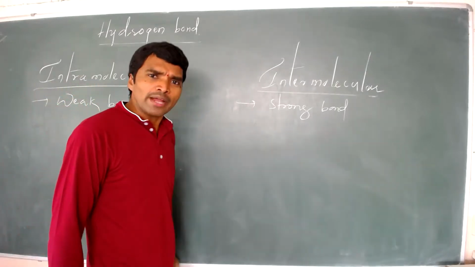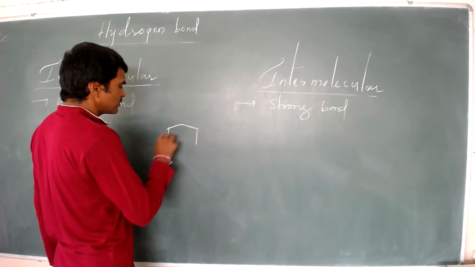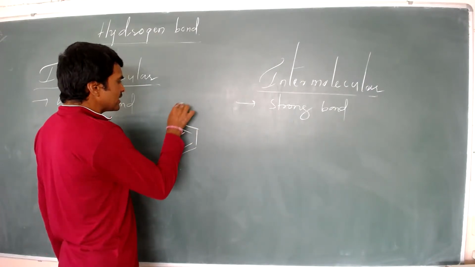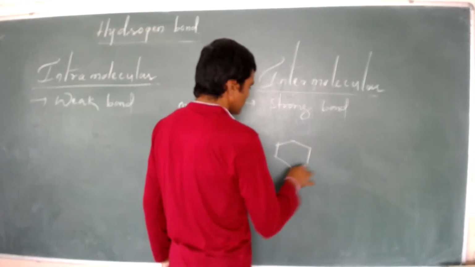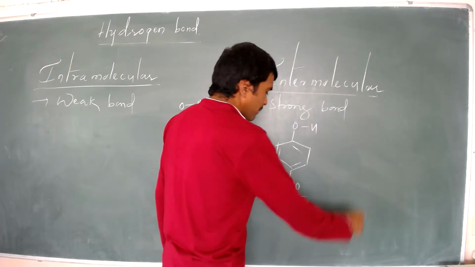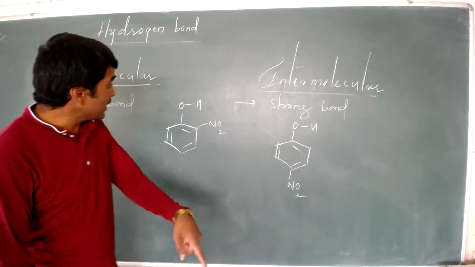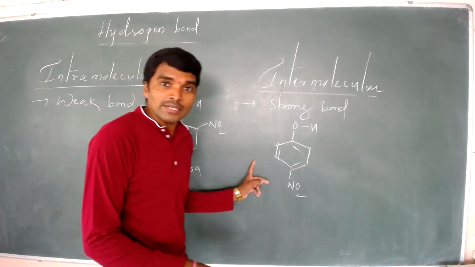And one more important point. This is orthonitrophenol. This is para-nitrophenol. Already I told you, orthonitrophenol has intramolecular hydrogen bond.